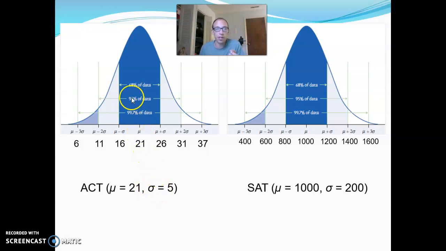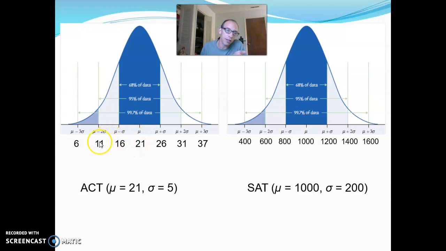And then when I say we go to the left and right one standard deviation, that literally means we take whatever the standard deviation value is, 5 in this case, and we subtract 5 from 21 to go down to 16. We add 5 to 21 to go up to 26. So between 16 and 26, we can say that roughly 68% of the ACT scores will be between 16 and 26.